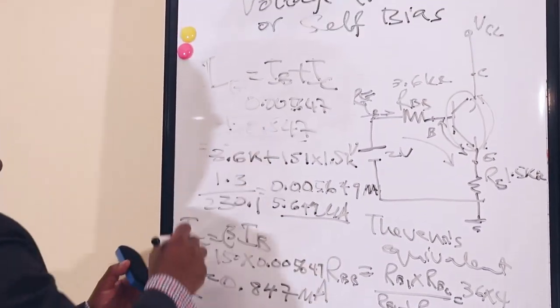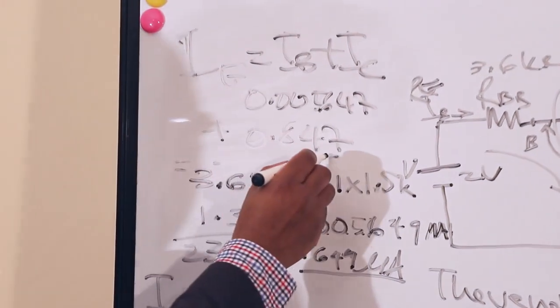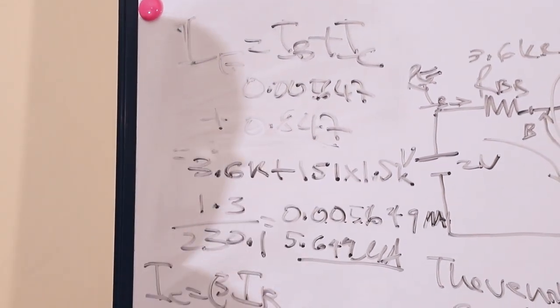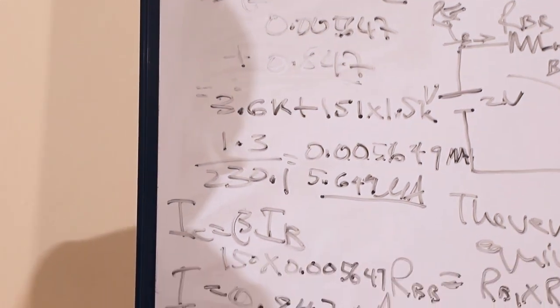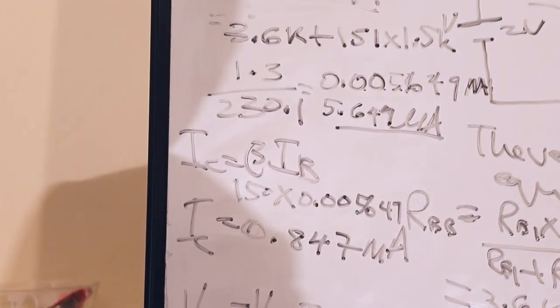So again we do the summation so we can have our IE here, and we finalize our calculation to have VCE.